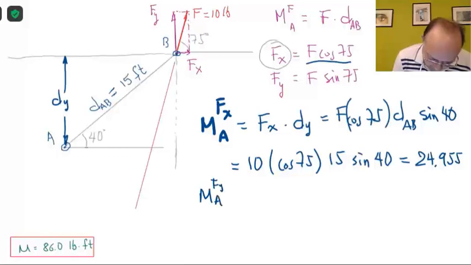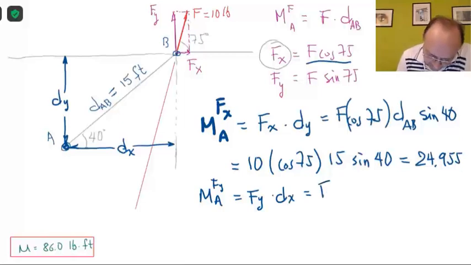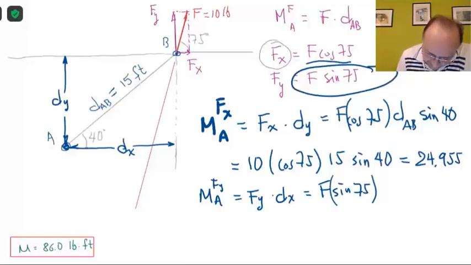Now the moment of Fy with respect to A is going to be equal to Fy times the distance from A to the line of action of Fy, which is this horizontal line here. We can call that distance dx, and Fy is F sine 75, we got it from here. And dx is dAB cosine 40.